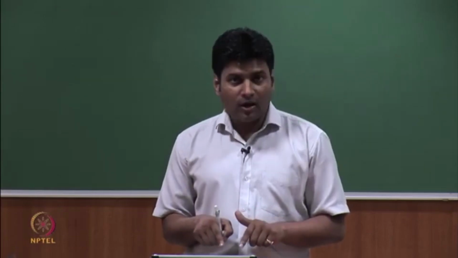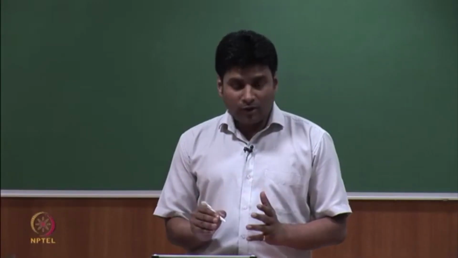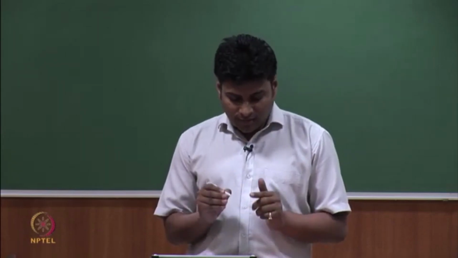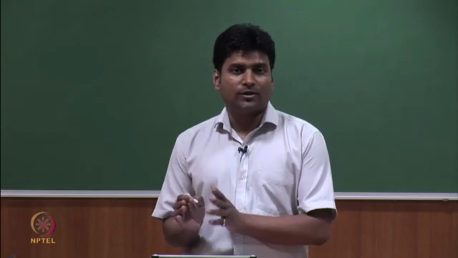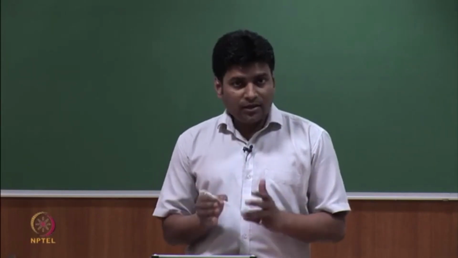Now, you see this formula that we have here, this is a coordinate free formula, because everything is tensor here. Coordinate free, I mean it is not relating to one coordinate system. So, it is a tensor equation.